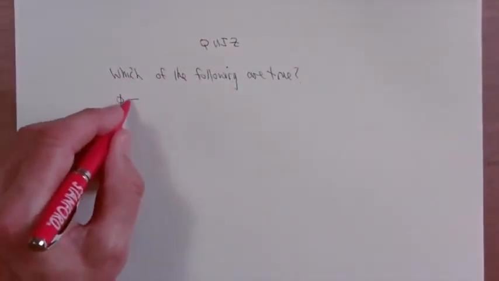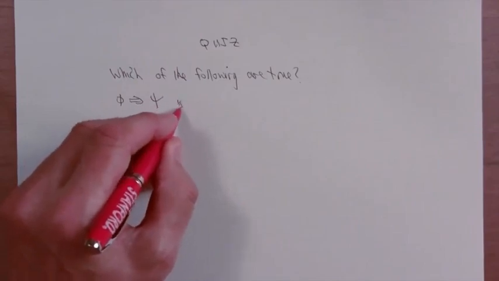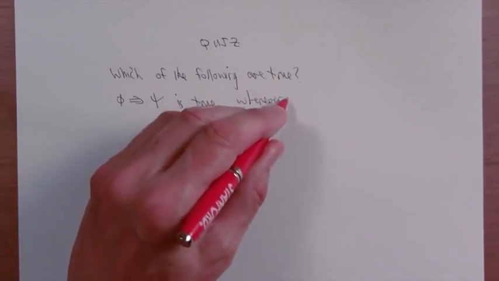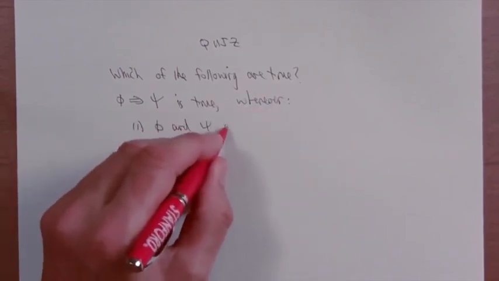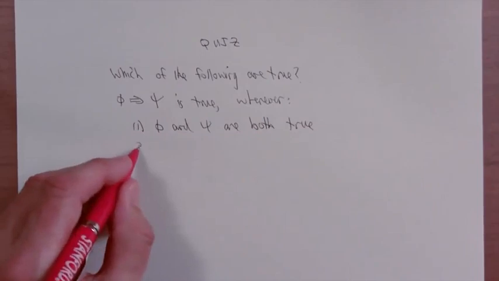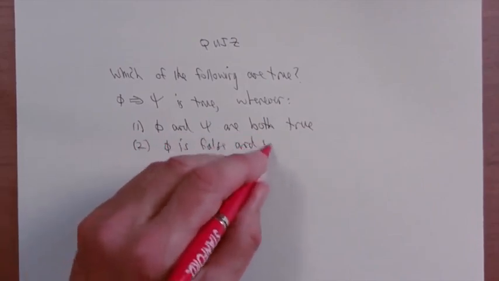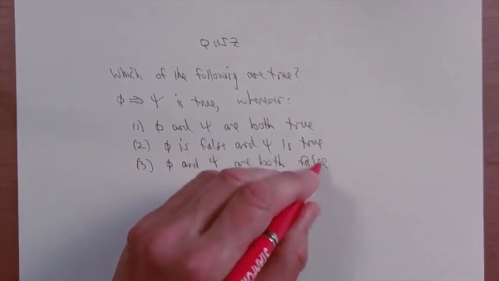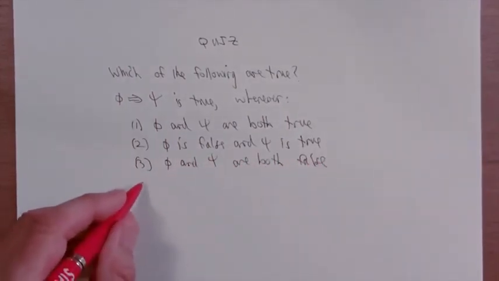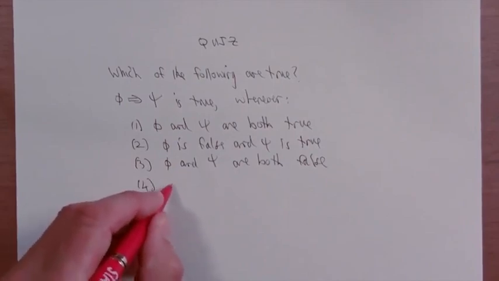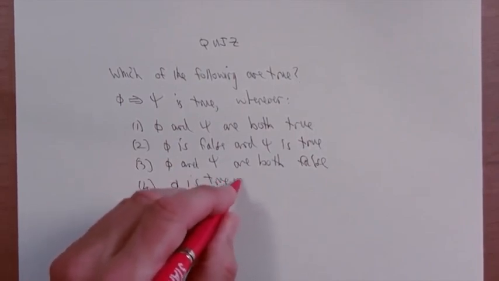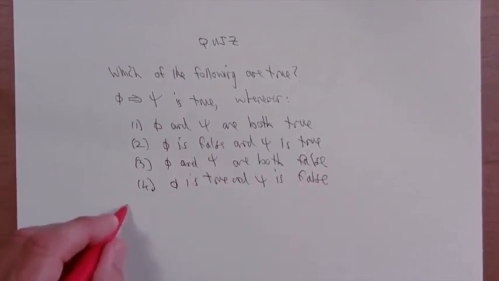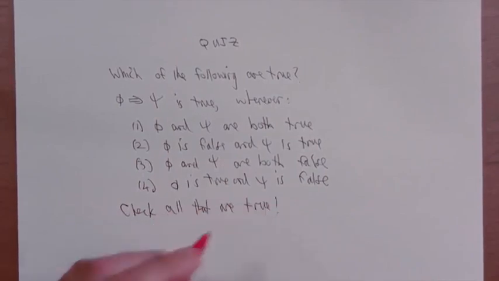Phi conditional psi is true whenever: 1, phi and psi are both true; 2, phi is false and psi is true; 3, phi and psi are both false; and 4, phi is true and psi is false. I want you to check all that are true.